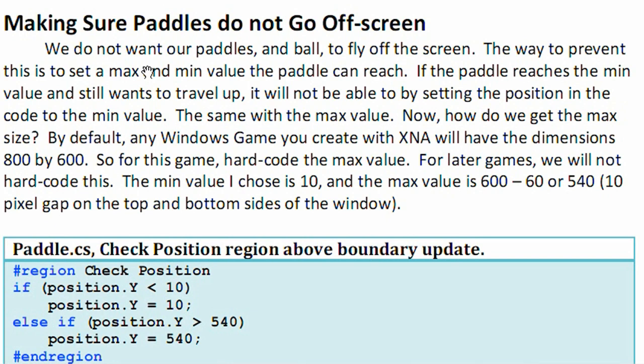So since the paddle is 50 pixels tall, we need to subtract from the max window size 50 and the 10 pixel gap, which is 600 minus 60, or 540. And that will give us a 10 pixel gap at the top and bottom sides of the window. And the reason it's 600 minus 60 is because the basic window size is 800 by 600.